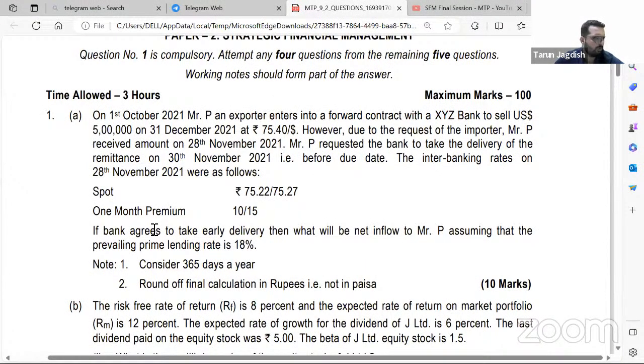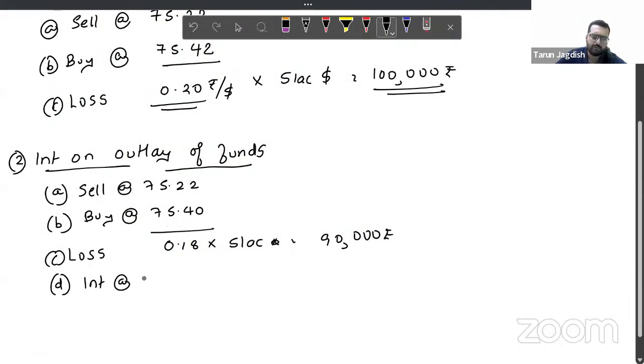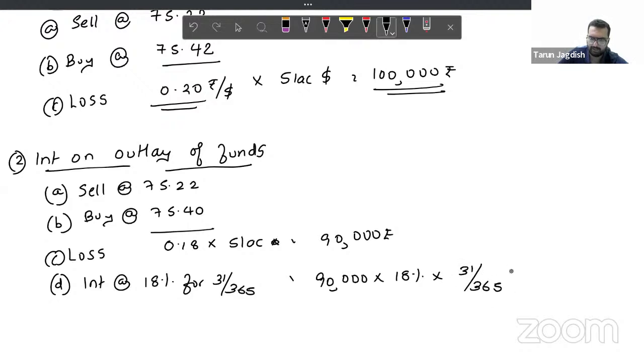What is the interest rate they have told over here? 18%, correct? So interest at 18% for 31 by 365. So that will be 90,000 into 18% into 31 by 365. You get the interest amount as 1375.